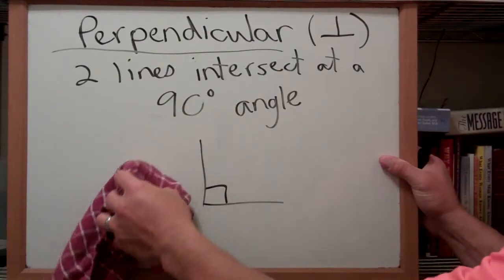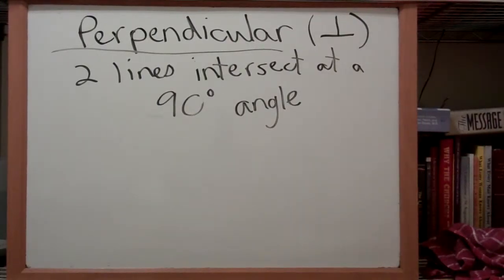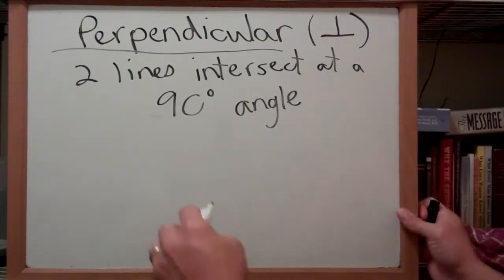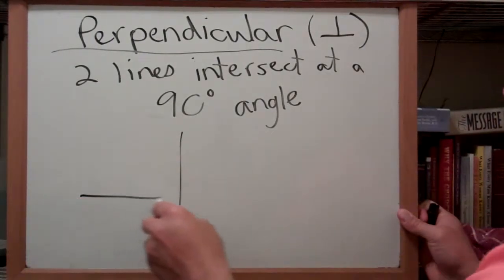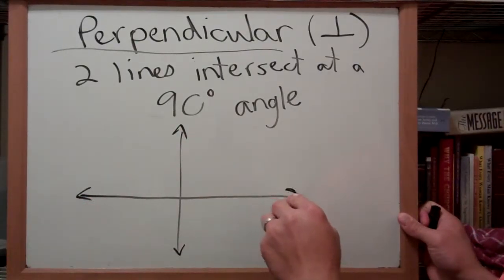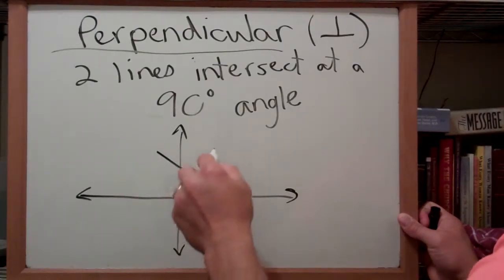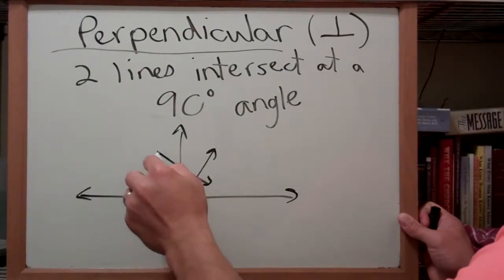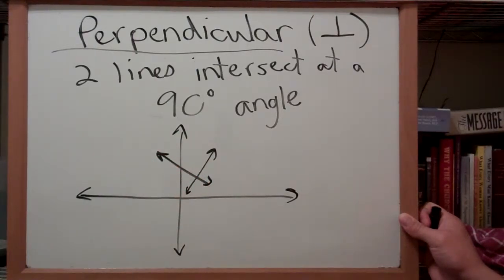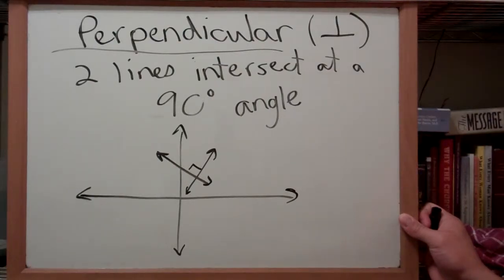So, how do we determine if two lines or two segments are perpendicular in the coordinate plane? So here's an example. We have what we see as a coordinate plane here, the x and y axis. And let's say we had two lines that intersect like this. What we want to know is, how do we determine whether this is going to be a 90-degree angle?